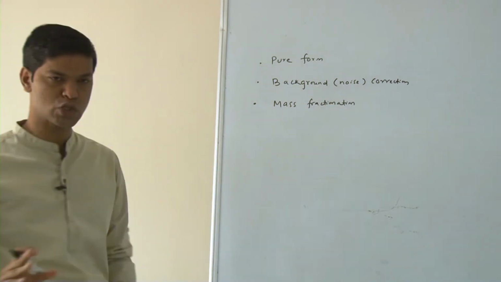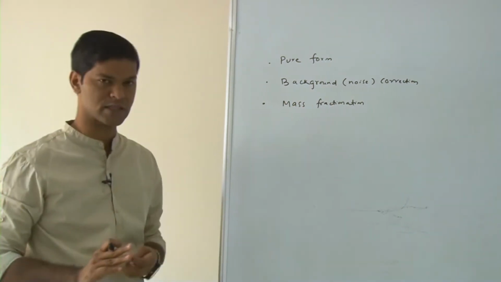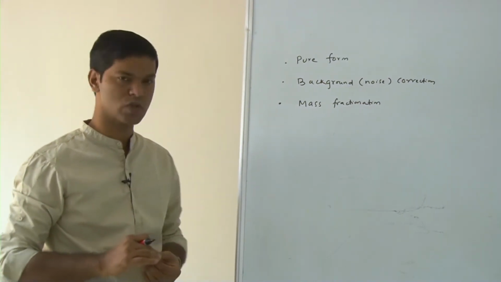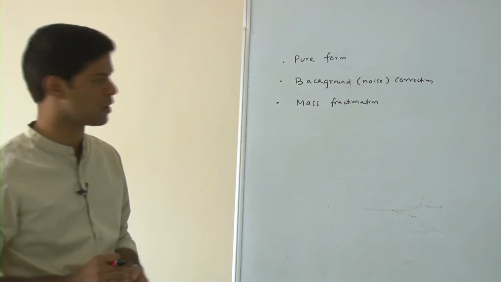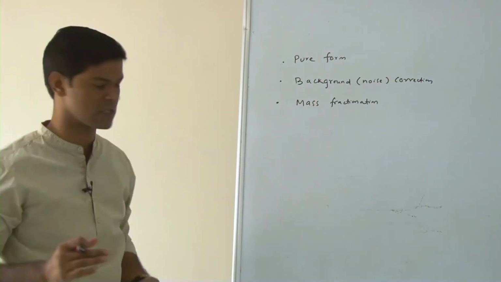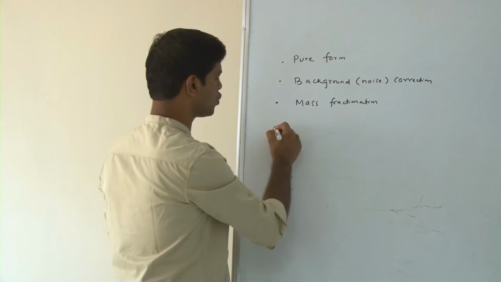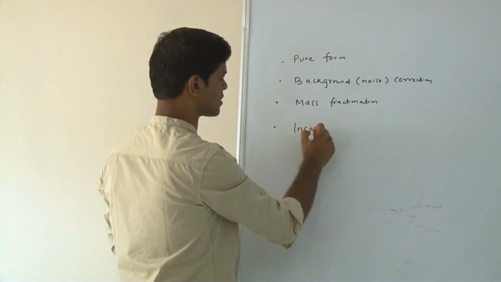But let us say you are talking of mass dependent fractionation, an instrument like the inductively coupled plasma mass spectrometer may not require this mass fractionation correction as such, but it may go through something called instrumental fractionation.